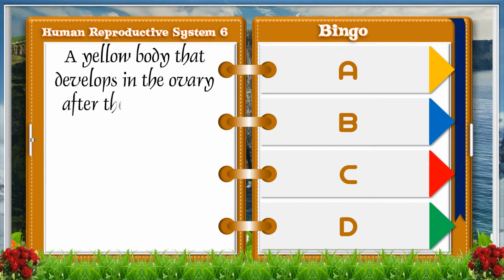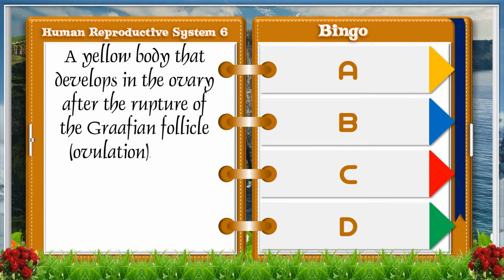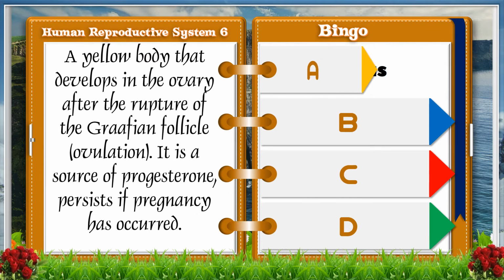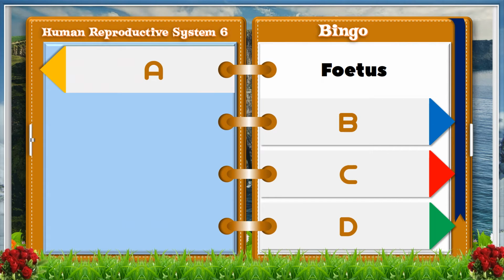A yellow body that develops in the ovary after the rupture of the Graafian follicle, that is ovulation. It is a source of progesterone, persists if pregnancy has occurred. A. Fetus.